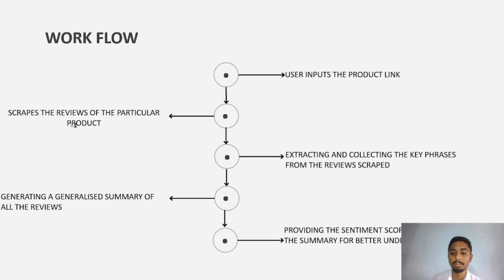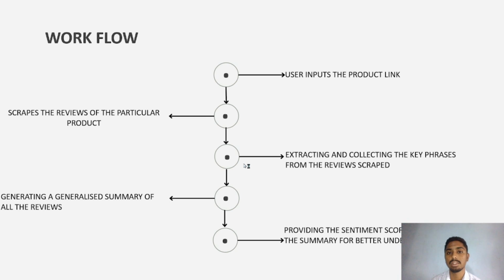The scraped data will be further forwarded for extracting the key phrases. The key phrases are the main points or the main intents, the considerable points from the longer sentences.